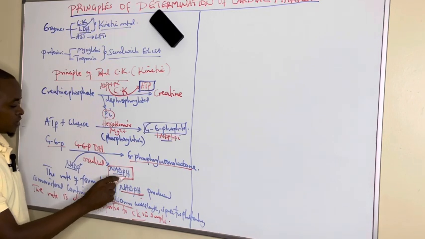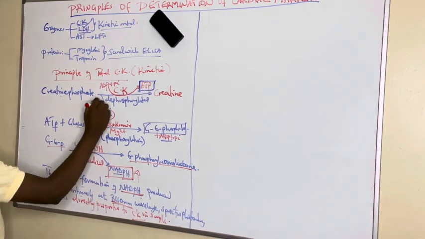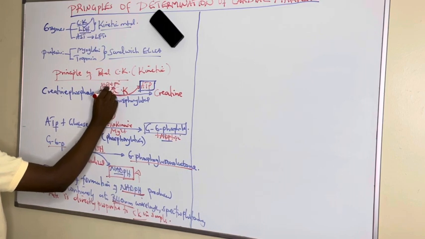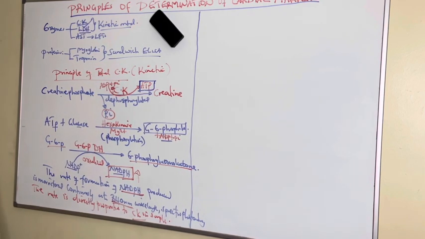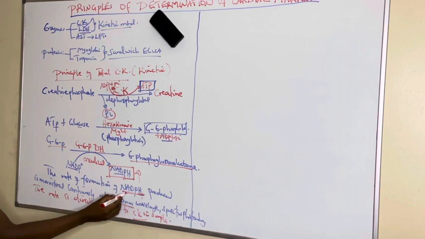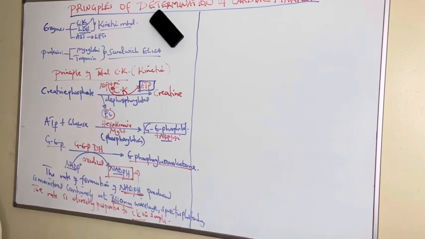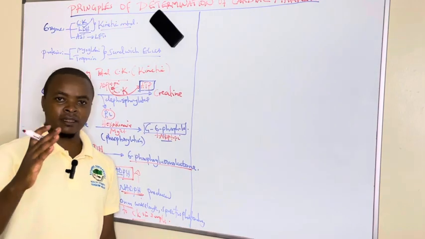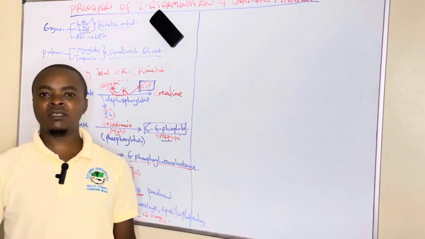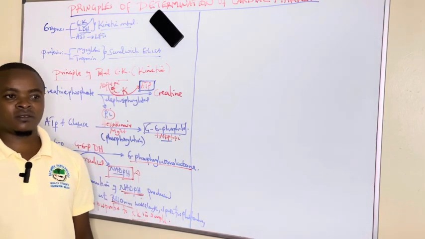The more NADPH we produce, it means there is more CK in the sample. So the more the production of NADPH, the more the creatine kinase in the sample. That is how we can determine creatine kinase.